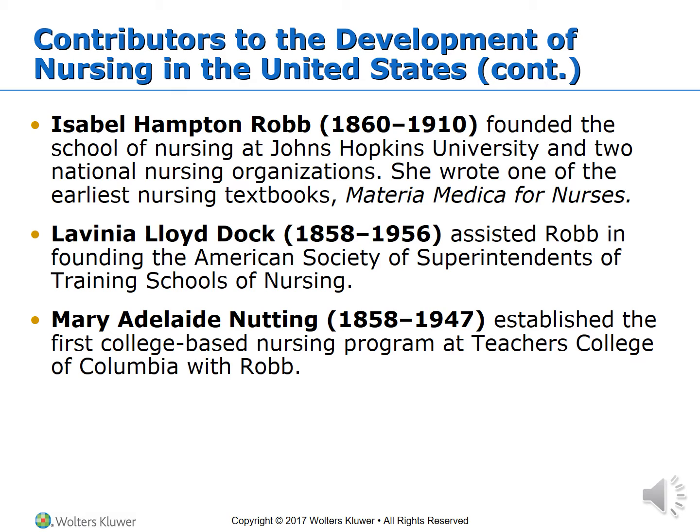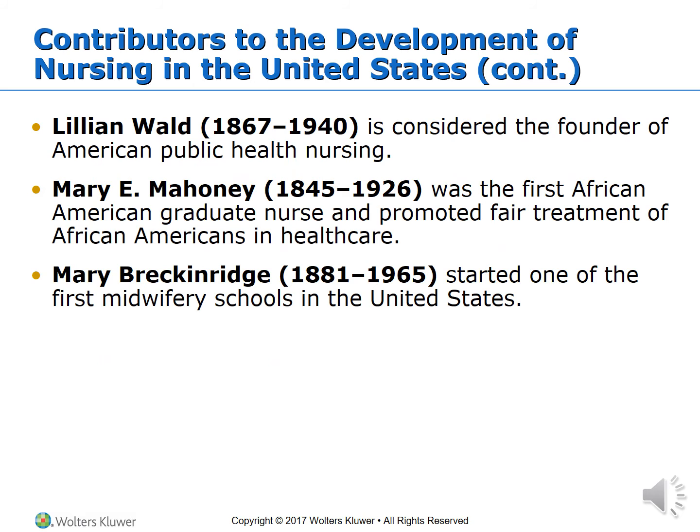Lavinia Dock assisted Robb in founding the American Society of Superintendents of Training Schools of Nursing, and Mary Nutting established the first college-based nursing program at Teachers College of Columbia with Robb. Lillian Wald was considered the founder of American Public Health Nursing.